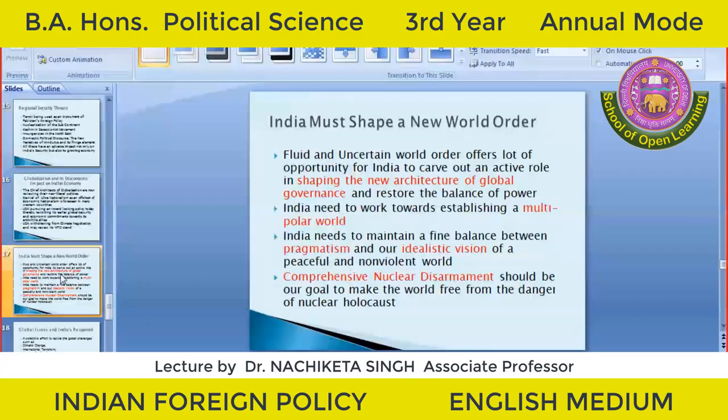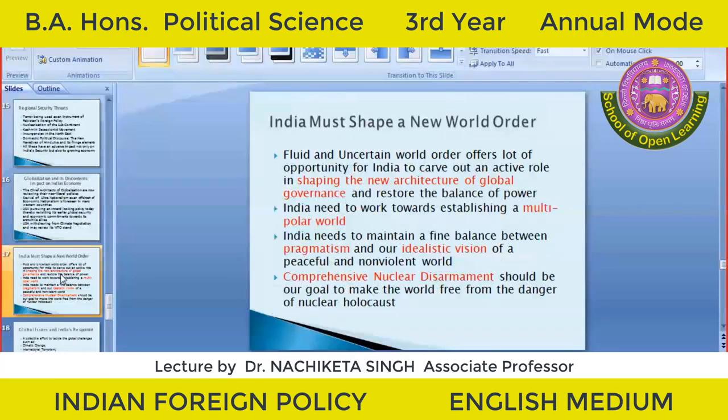Countries like America in the Western world, with whom we did not have very strong economic ties during the Cold War period, we now had to recalibrate and reshape our policy towards.